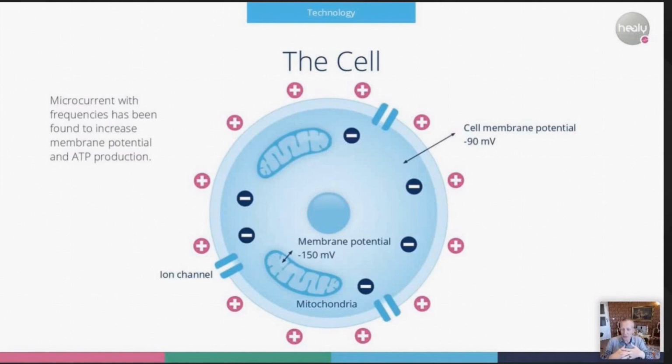So we found a new way to measure how microcurrent frequencies can increase the cellular membrane potential. So there's a lot of new things coming up, and we will keep you informed about the process, and most of the things we will also publish in the network.